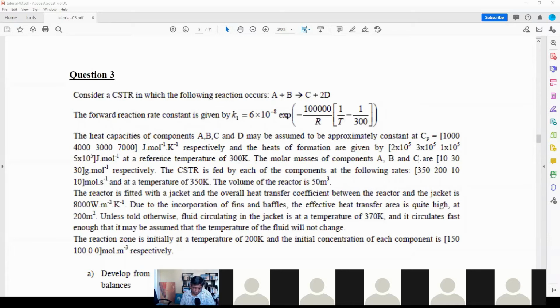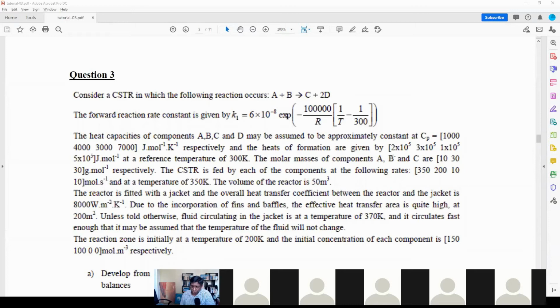We are given the molar masses of 3 of the components, A, B, and C, so that's something we have to be wary of. We need to somehow estimate the molar mass of component D. And then the CSTR is fed by the components at the following rates.